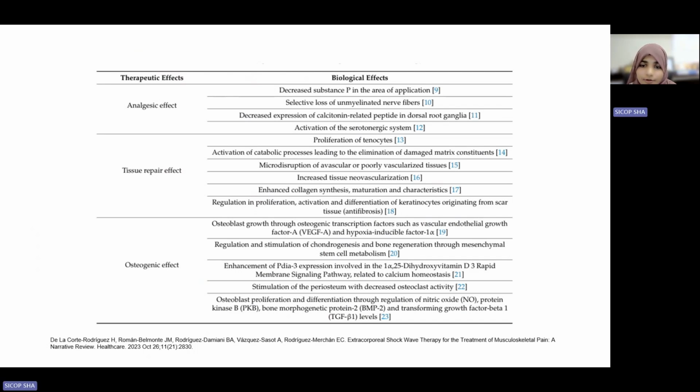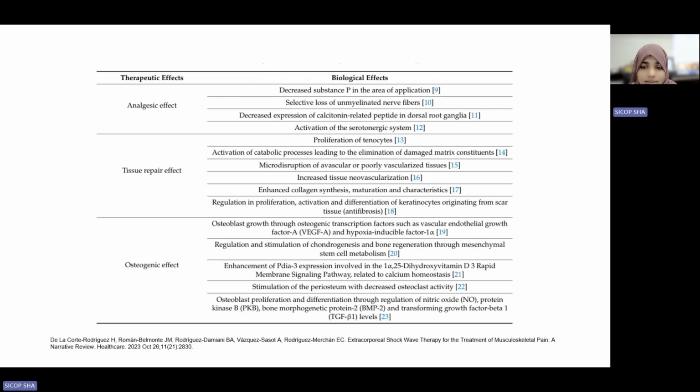Regulation and stimulation of chondrogenesis and bone regeneration through mesenchymal stem cell metabolism. Also, there is enhancement of PDR3 expression involved in 1 alpha 25 dihydroxyvitamin D3, rapid membrane signaling pathway related to calcium homeostasis. Also, there is stimulation of periosteum but decreased osteoclastic activity.